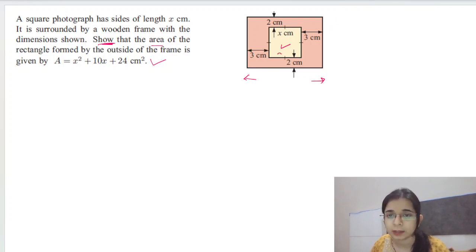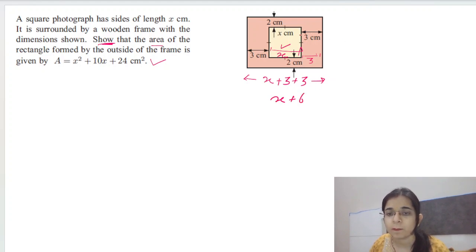As you can see, this length is x here, and this length is 3, and this length is again 3. So when we add x plus 3 plus 3, you have the length of the rectangle.